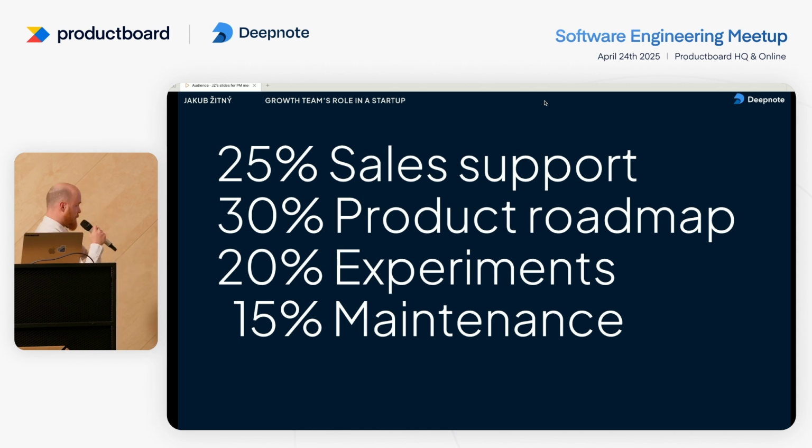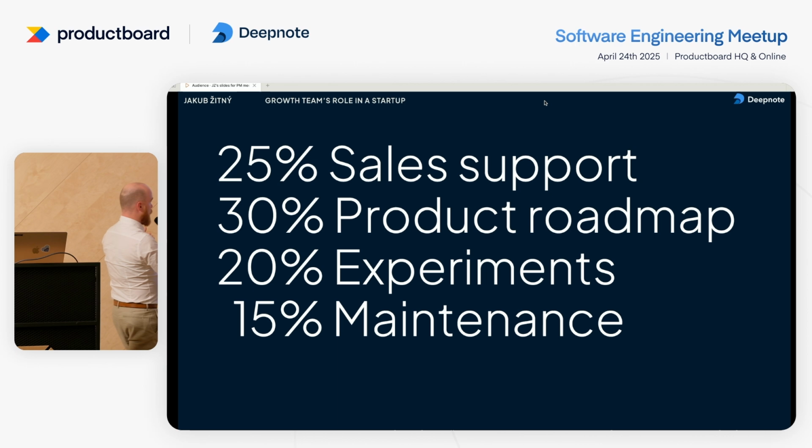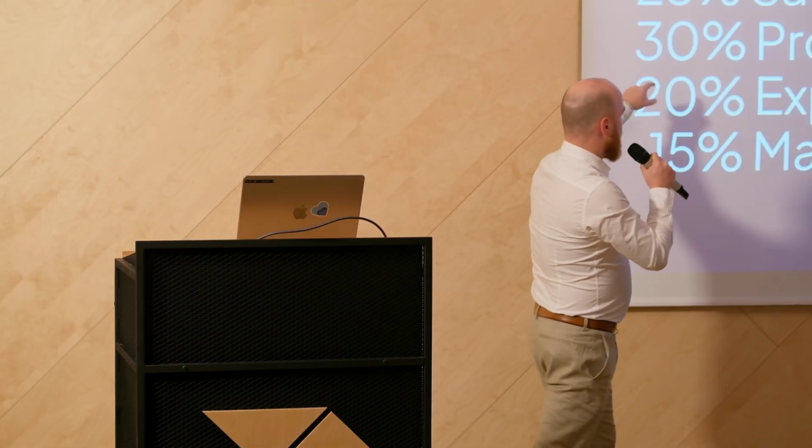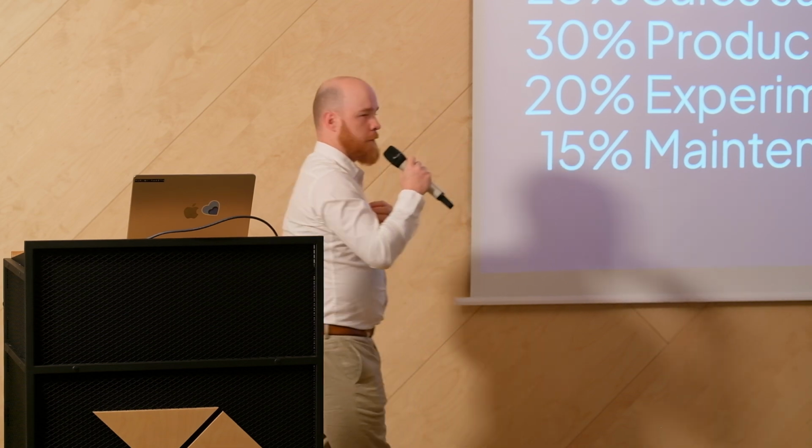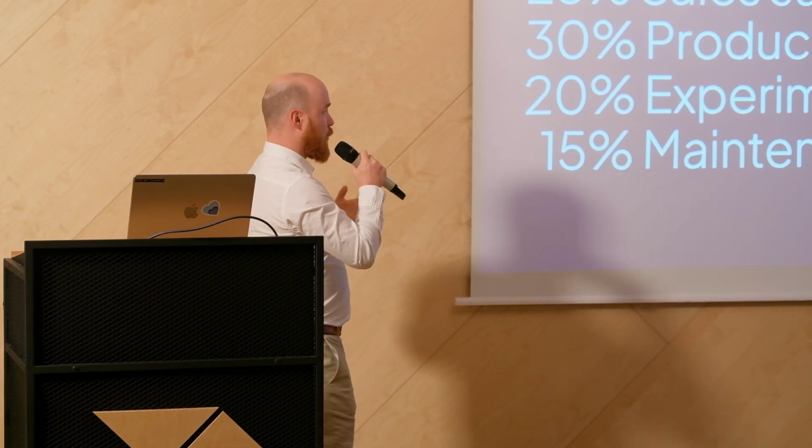So from growth perspective, we promised on paper, in theory, that 25% of our work will be sales support. That means we don't have so much time for the actual product roadmap. So in some sense, product roadmap and experiments are one thing. We consider our experiments to be product roadmap worthy.